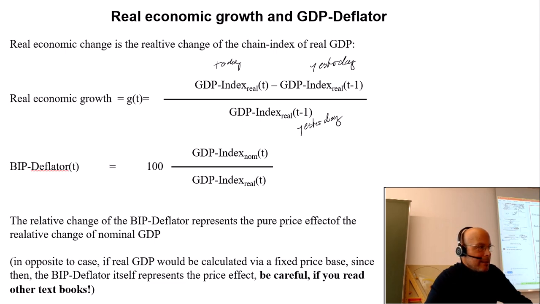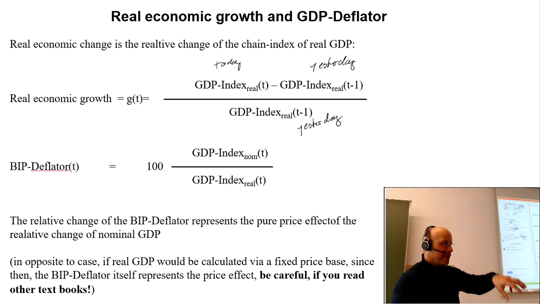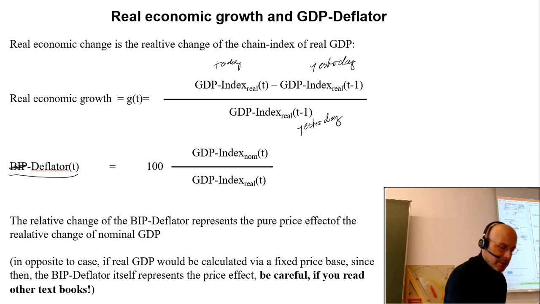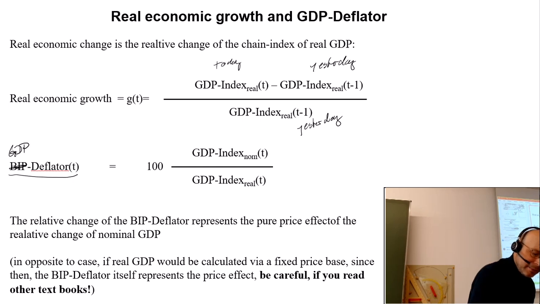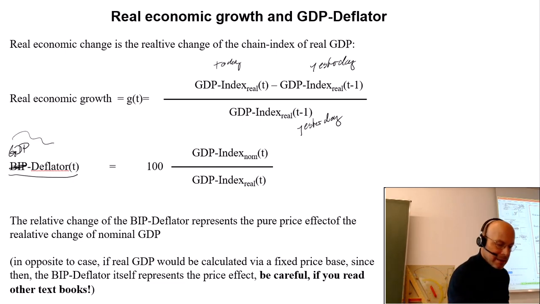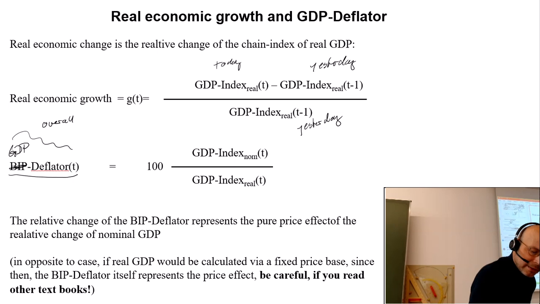Well, and then, of course, we want to get rid of the price changes in our number, but we are also interested in what the price changes were. And these price changes we measure, oh, not BIP, this is GDP, with the GDP deflator. So this is the overall price index of the economy.